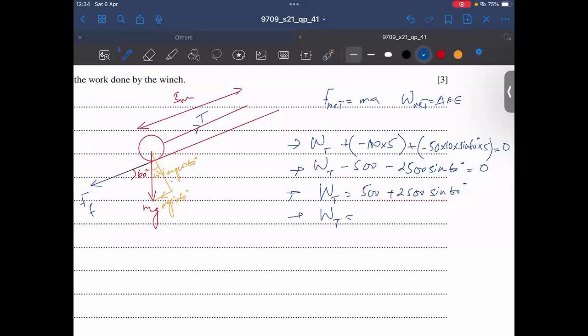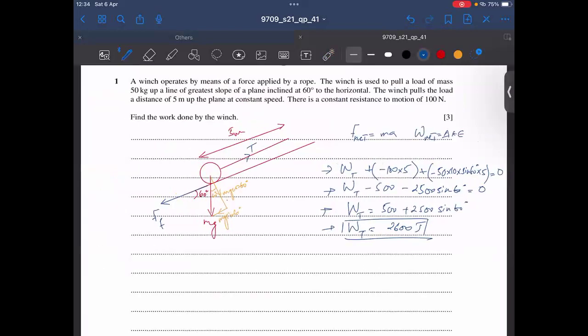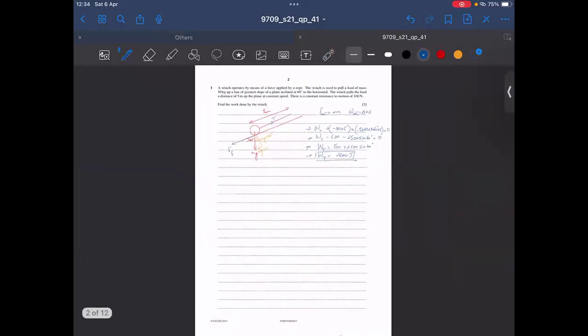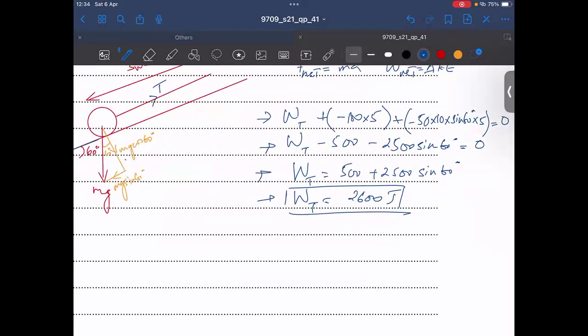Let me know the value. 2665. 2665, approximately joules. All right, that's what you are getting, the answer. The answer to three significant figures is 2670. Okay.